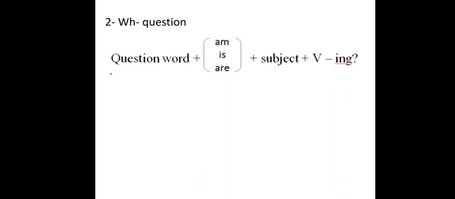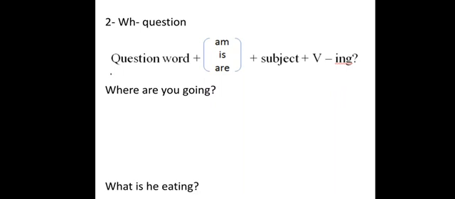Second type of the questions, the WH question. How to form it? We put the question word at the beginning, then am, is, or are. That's according to the subject. Then the verb plus ing. Where, for example, where are you going?